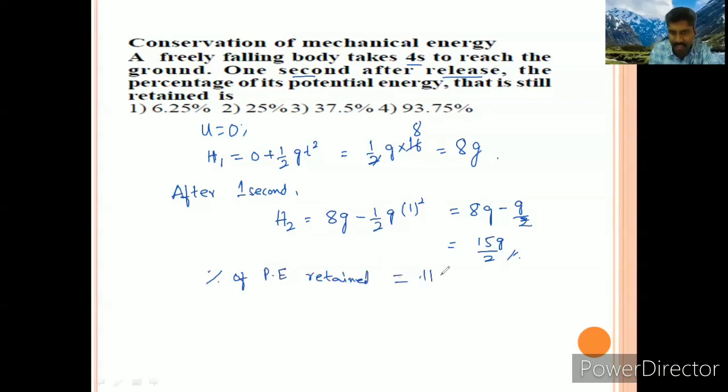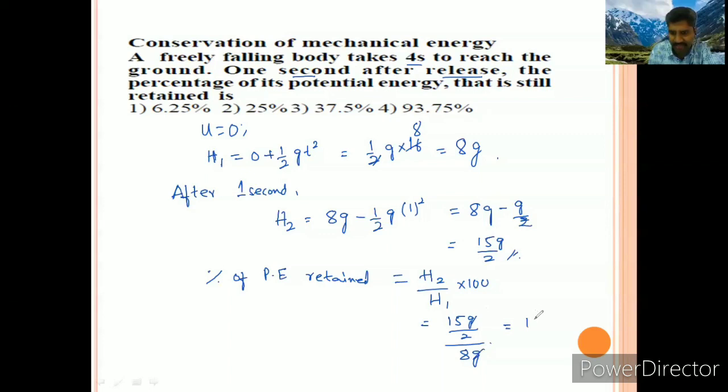How can we write H2 by H1 into percentage? So how much can we get? H2 is 15g by 2, by how much? H1 value is 8g. So g cancels.